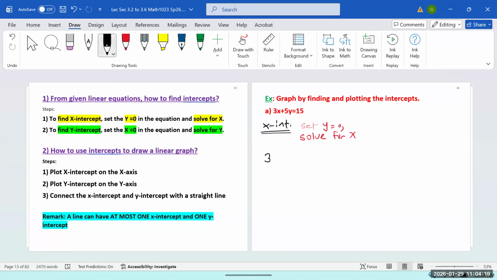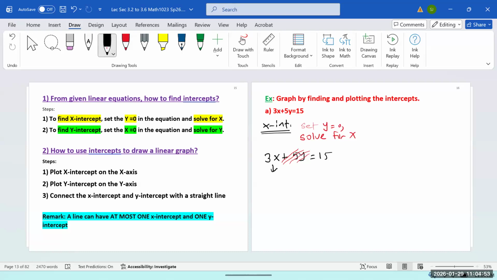So our equation is 3x plus 5y equals 15. When you set y to be 0, basically you get rid of the entire y term, because 0 times anything is 0. So when y is 0, 5 times 0 is 0. So you're adding 3x plus 0, but adding or subtracting 0 doesn't make any difference. So a simpler way: just cross out the entire y term.